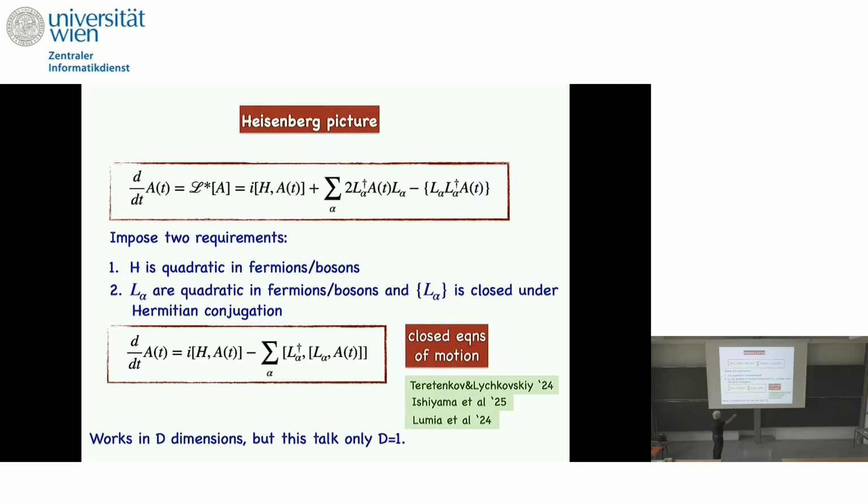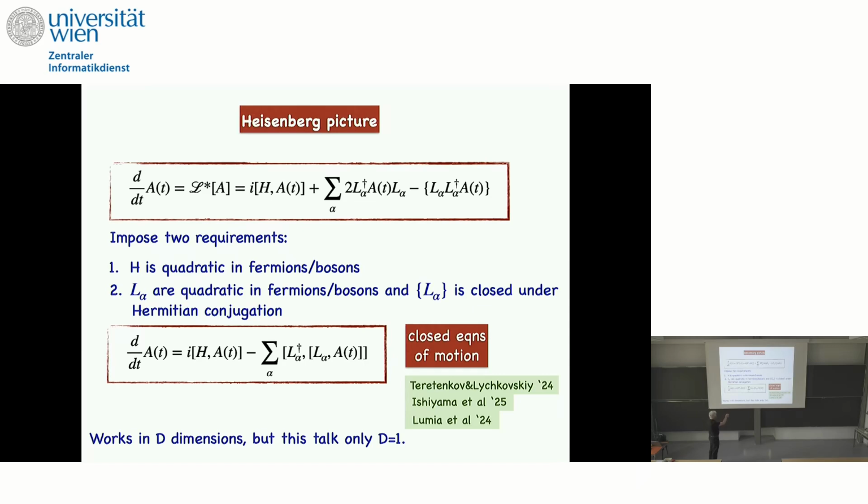And I will impose that the set of all jump operators is closed under Hermitian conjugation. As soon as you have this, it's a two-line calculation to show that this Lindblad equation takes a much simpler form. The dissipator part can be written as a double commutator, and this is basically the key to everything that follows.